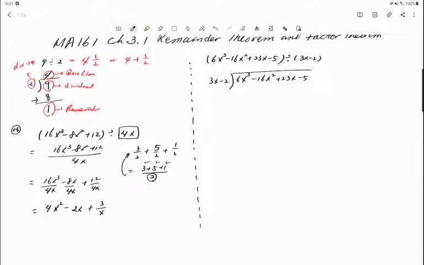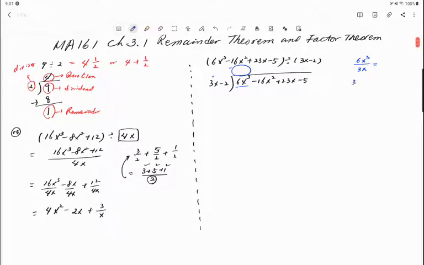Okay, next, just like in a division, we want to find something so that the product of the first term of the divisor and this one should be equal to 6x cubed. Can you see it? So what you can do is divide 6x cubed by the divisor's first term, 3x.